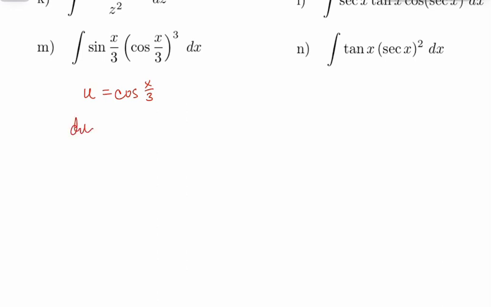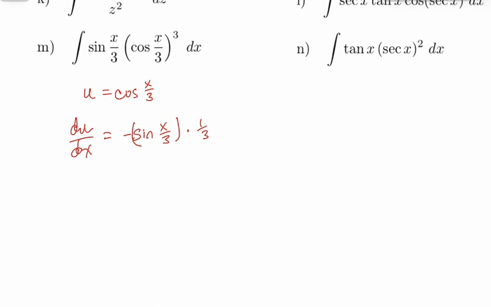Well, du dx, now here's where it gets a little complicated. That's a chain rule. It is a negative sine of the stuff times the derivative of the stuff. The derivative of x over 3, because that's really 1/3 x, is just 1/3.